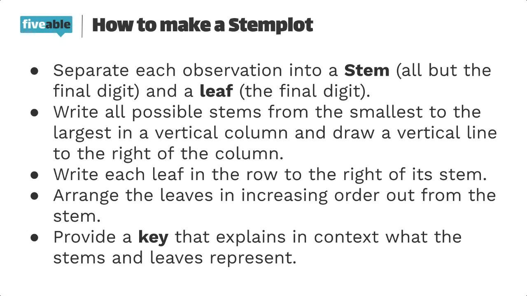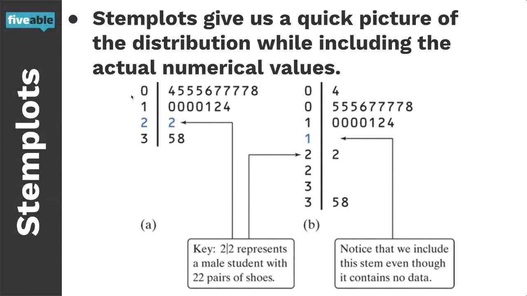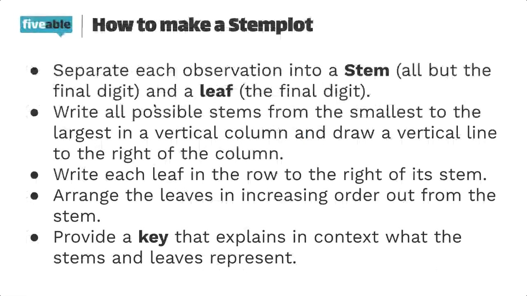So going back to our example, I write all the different stems, so 0, 1, 2, and 3. Those are all the tens digits for my data. Then I draw a line on the right-hand side. After that, I write each leaf into the row to the right of its stem, and then I arrange them in increasing order out from the stem.